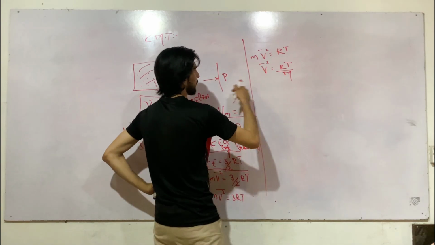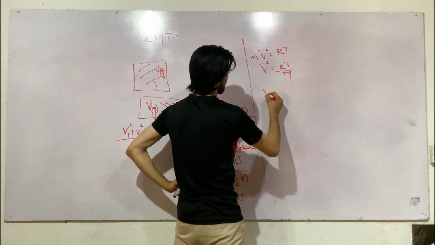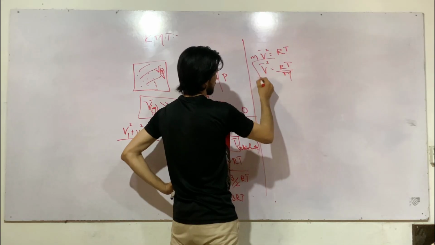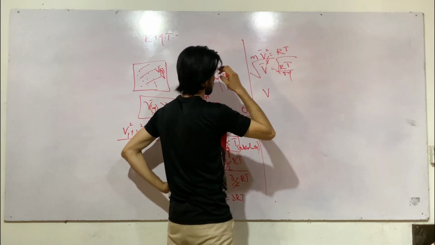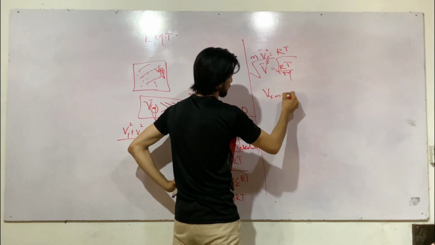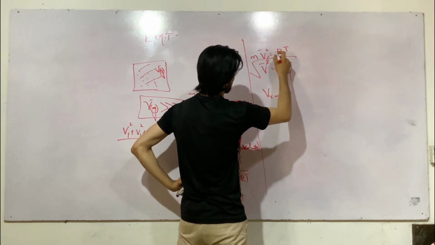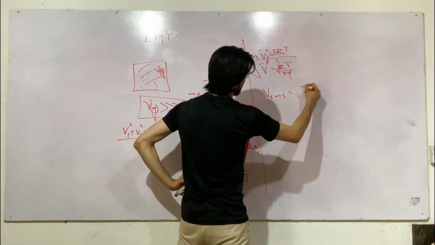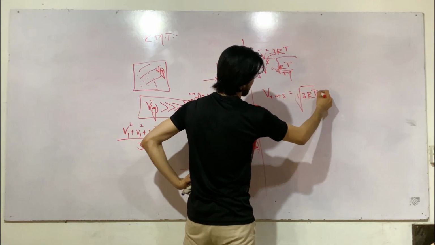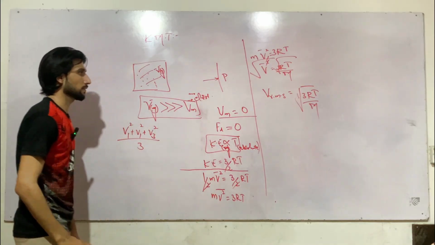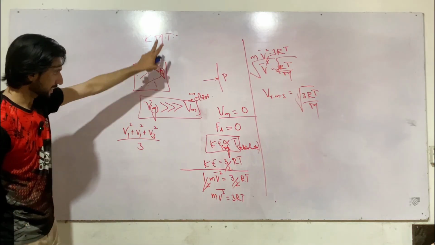Now I can take the square root on both sides, and the square root cancels with the square. So this becomes Vrms equals the square root of 3RT by M. So this is the root mean squared velocity of the molecules.